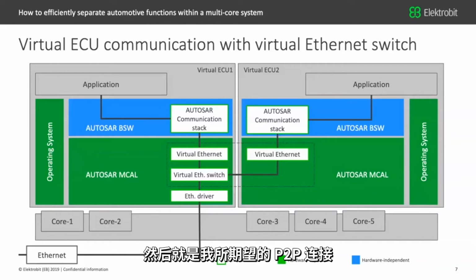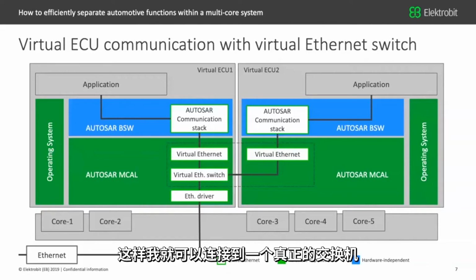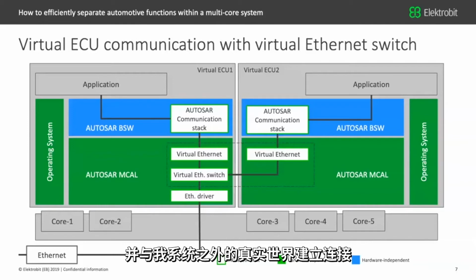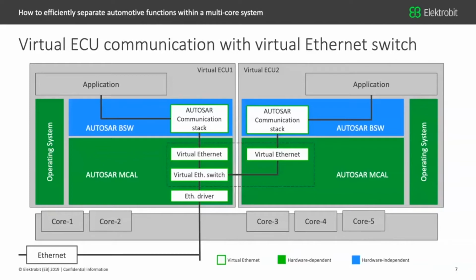There I have my peer-to-peer connection as I would expect it. So I connect to a real switch and then have a connection to the real world outside of my system. Each application would be able to communicate to the outside over Ethernet and also exchange information internally through this Ethernet channel.